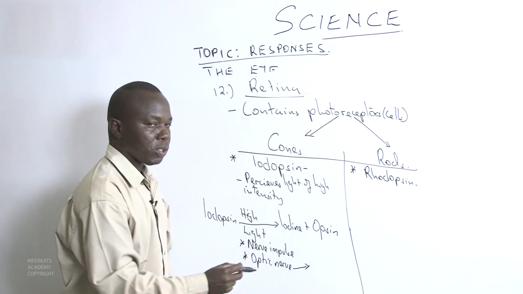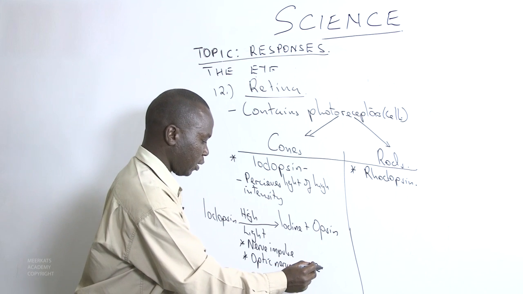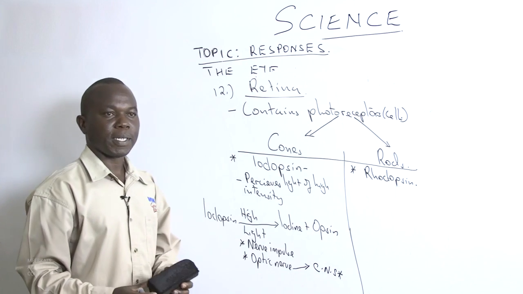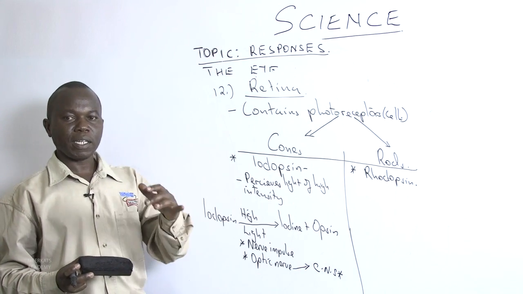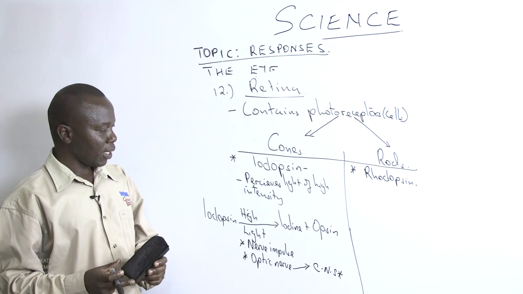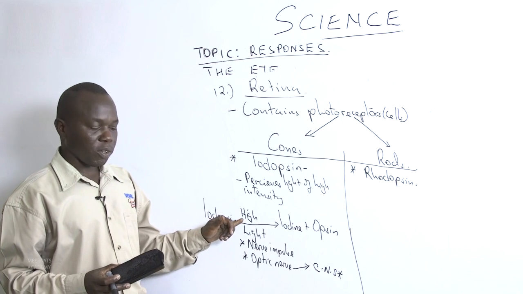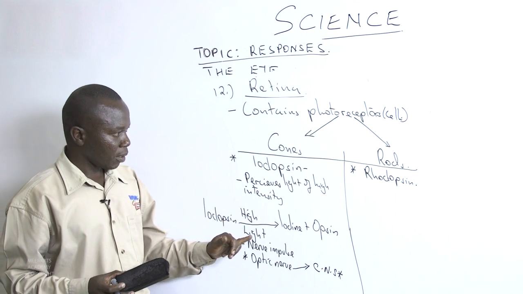It will go to the central nervous system, where interpretation will take place, and then you can tell the kind of object you are seeing. So iodopsin is for perception of high light intensity.